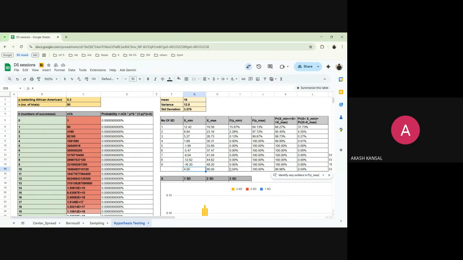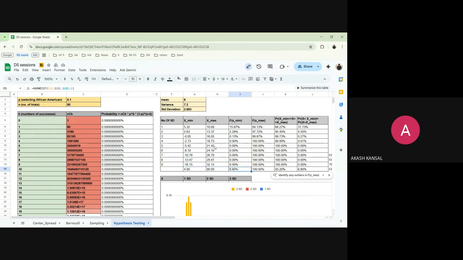And the probability that I have, the F score for x less than or equal to 4, is 0.04%. But the standard value of p, which is 0.05, it's still lesser than that. So even if 2 out of 10 were African Americans, this wouldn't have made sense. But if it was 0.1, yeah, definitely it would have made sense, right? So this is a possibility.